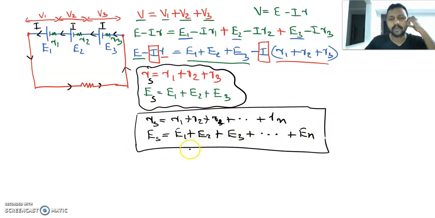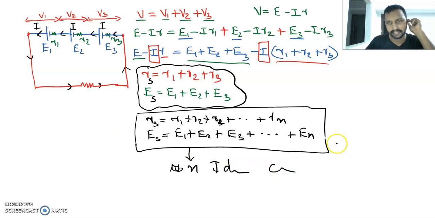Then let me write one more special case. If there are n identical cells connected in series, that means the EMF and internal resistance of each cell are the same.